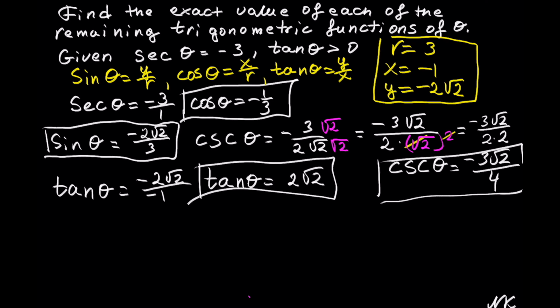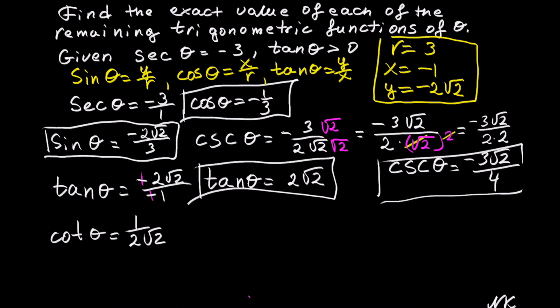Once you have tangent of theta, you can find cotangent of theta, which is a reciprocal of tangent, and a reciprocal of 2 radical 2 out of 1 will be 1 out of 2 radical 2. I'm working with the positive version of 2 radical 2 out of 1 because negative divided by negative will turn into positive. So we just need to rationalize cotangent of theta, and we have a square root in the denominator.